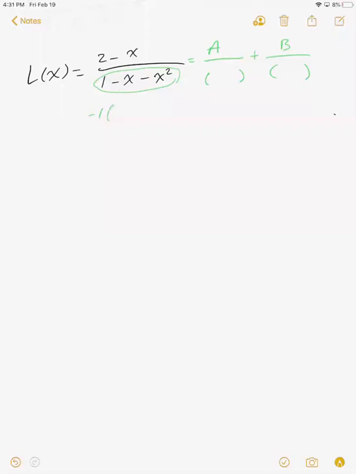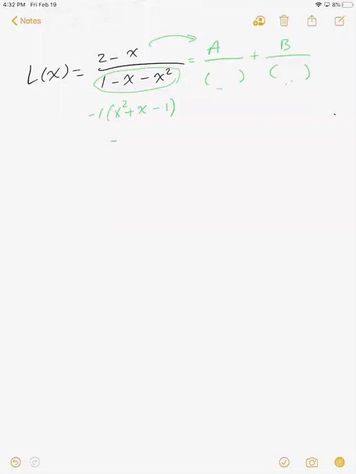If I factor a -1 from here, I get x to the power 2 plus x minus 1. I'm trying to find these factors to write this as partial fractions, as two fractions. So I use the quadratic formula to find the two factors.